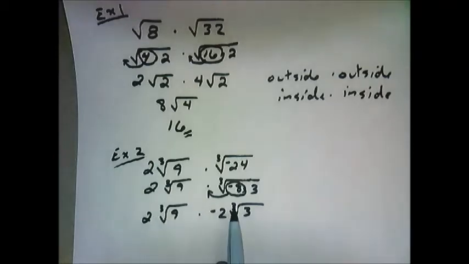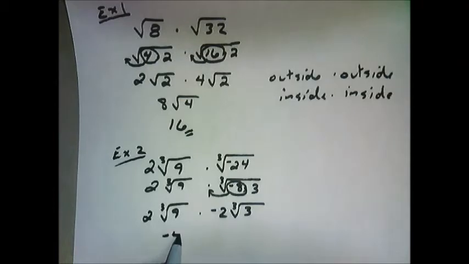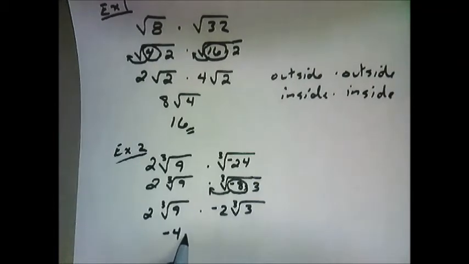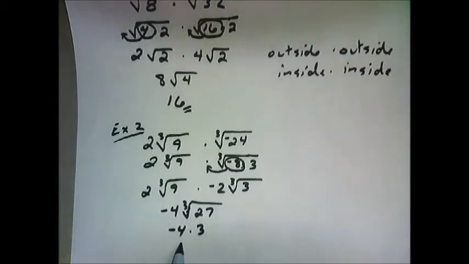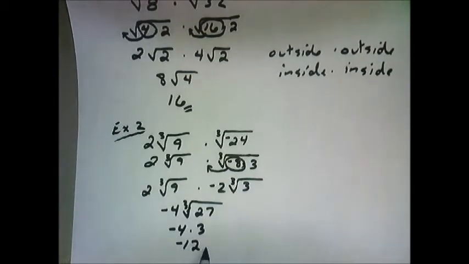Now, since our indices are the same, we can go ahead and multiply the two outside numbers together. So we get negative 4. Our index is going to stay the same. 9 times 3 gives us 27. And we can simplify the third root of 27 to 3, so negative 4 times 3, which is negative 12. And negative 12 will be our final answer.